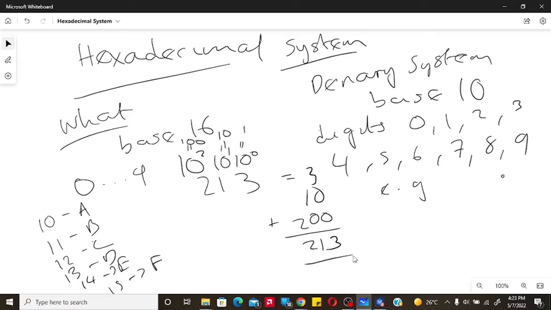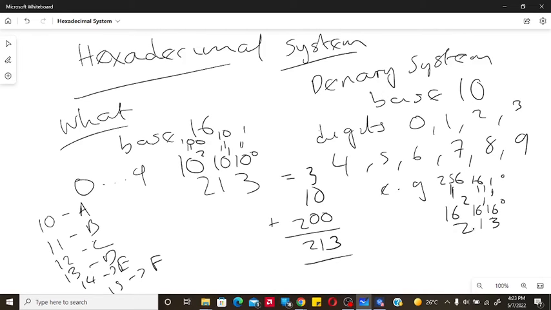But in the base 16 system, it's different. There, this 213 would actually be very big. So this would be a 16 power 0. This would be a 16 power 1, 16 power 2. Then instead of multiplying against the tens, 16 power 0 is 1. This is 16. And this is 256.